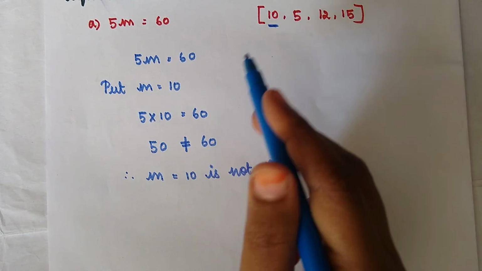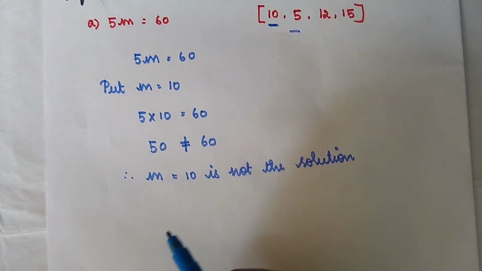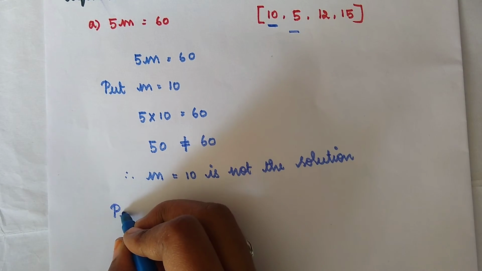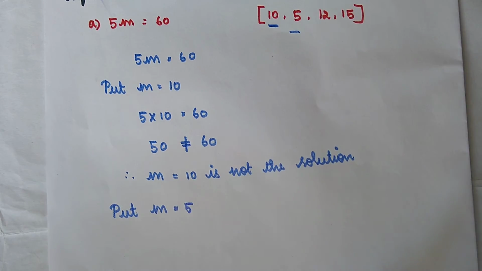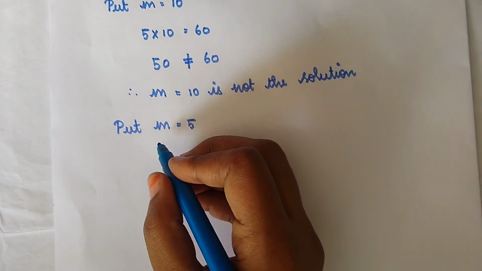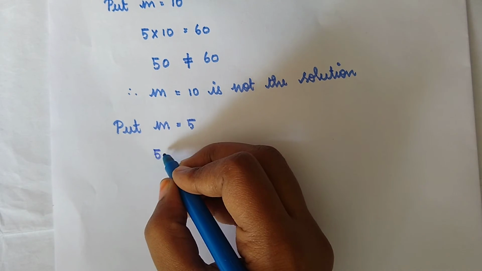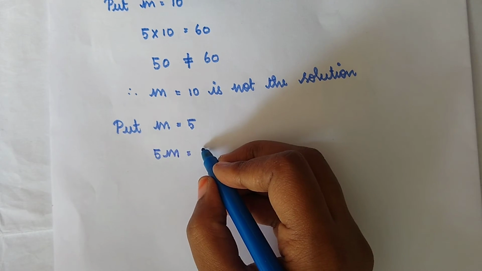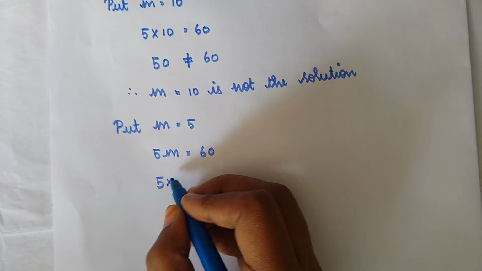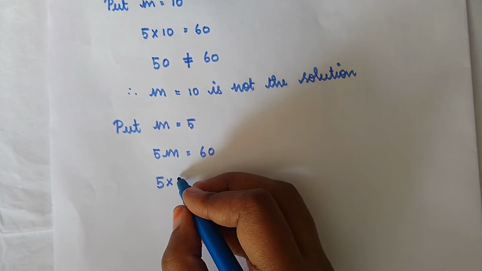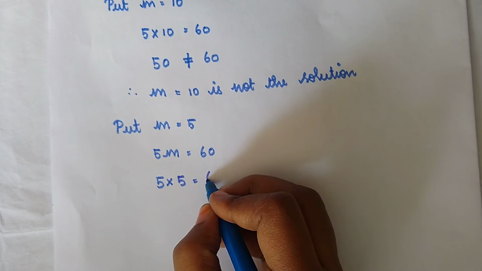Next we have to take the second value, 5. Put m equal to 5. Here the equation is 5m equal to 60. So we have to substitute the value in the given equation.